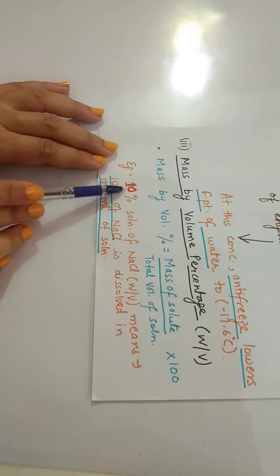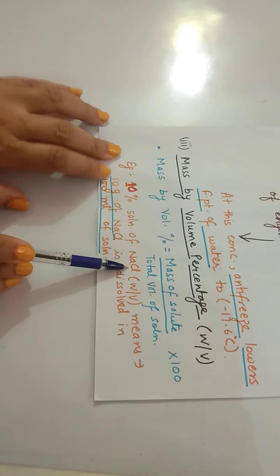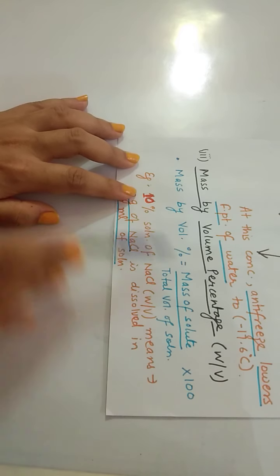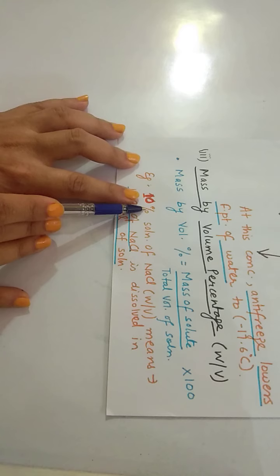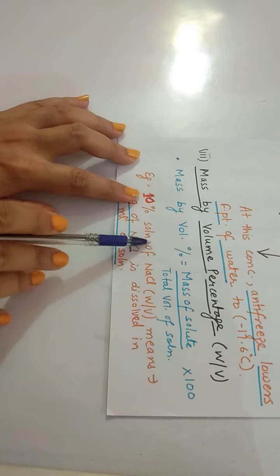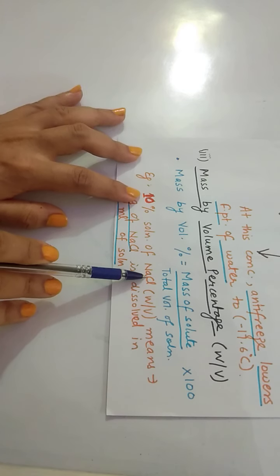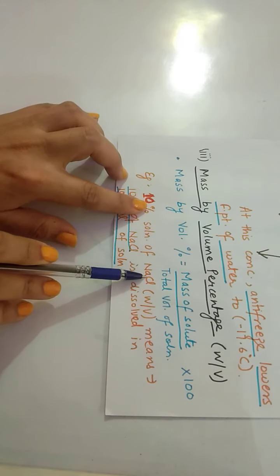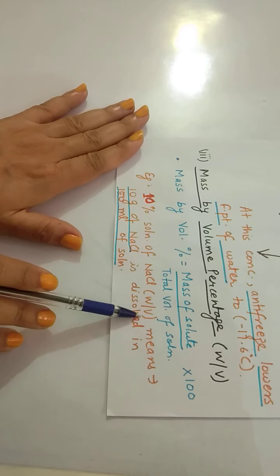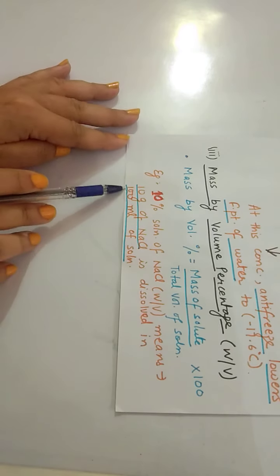If it's written 10% solution of NaCl, then what does it mean? In the upper part, we have the solute in grams as NaCl is in solid form. So 10% solution of NaCl means 10 gram of NaCl is dissolved in a solvent to make 100 ml of solution.